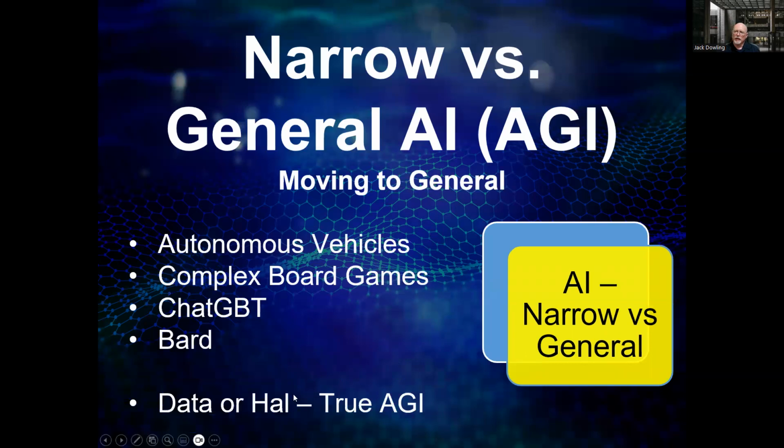Okay, so general AI, we're moving towards general AI. Autonomous vehicles, complex board games, ChatGPT, Bard. These are kind of our first systems that are highly complex AI that utilize multiple types of AI to achieve a certain goal.